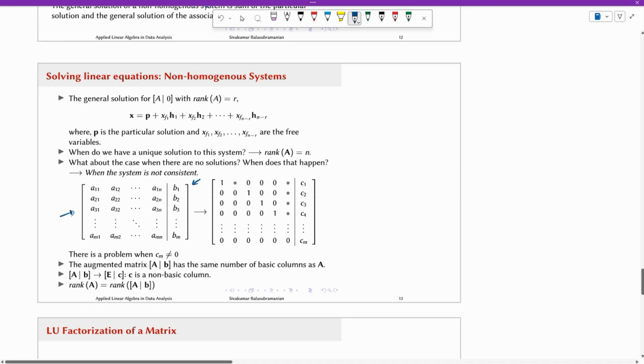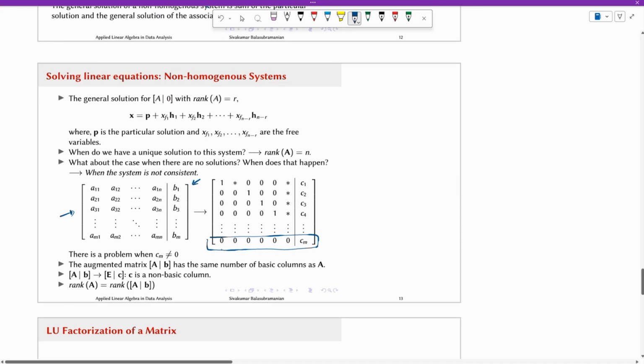You do the reduced row echelon form. Whenever you find a situation like this, where the rows corresponding to the A matrix are all 0, but the corresponding element in the last column is non-zero, whenever you have a situation like that, then you have a system of equations that cannot be solved.